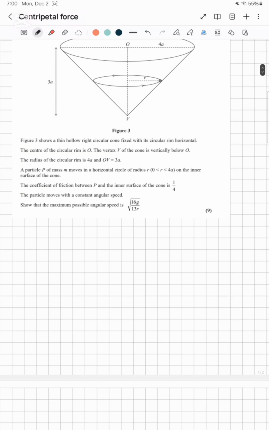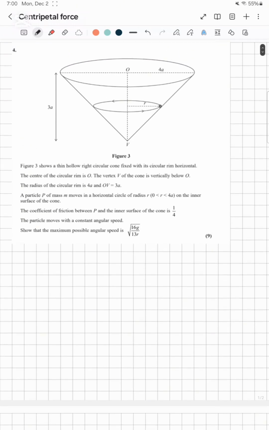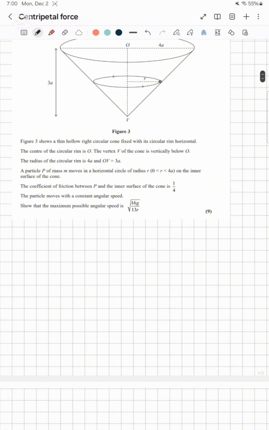The first step before starting this question is to draw a free body diagram. You don't have to draw the whole thing, you can just draw this section of the diagram. So I'm going to draw the ball.